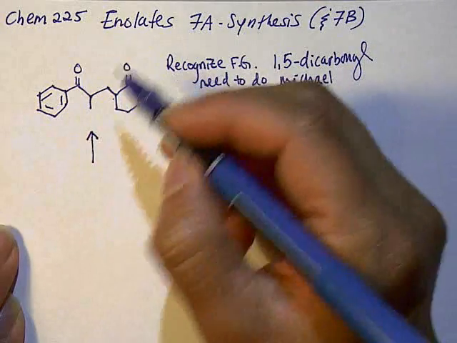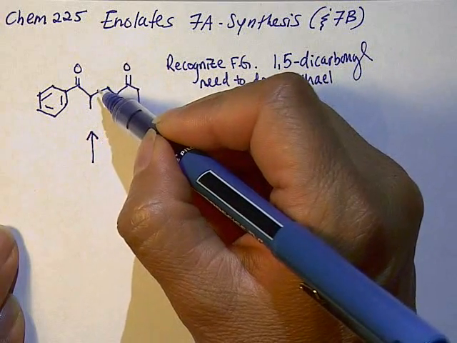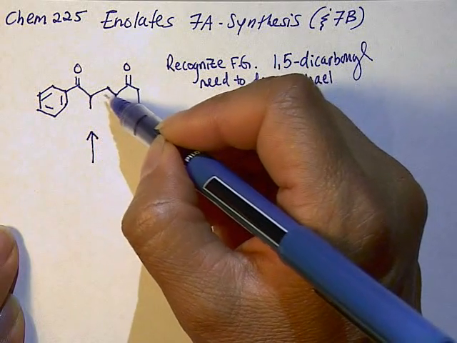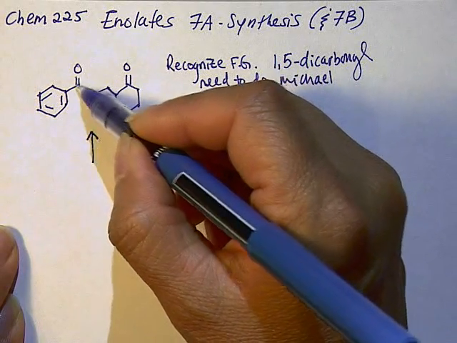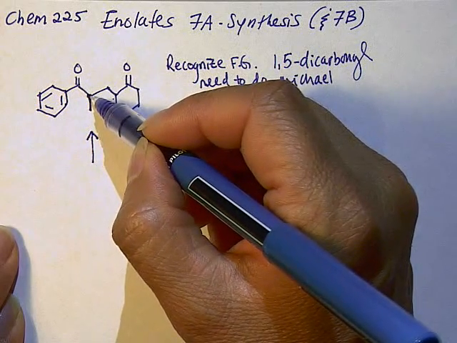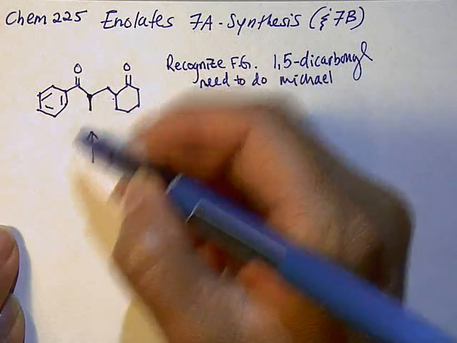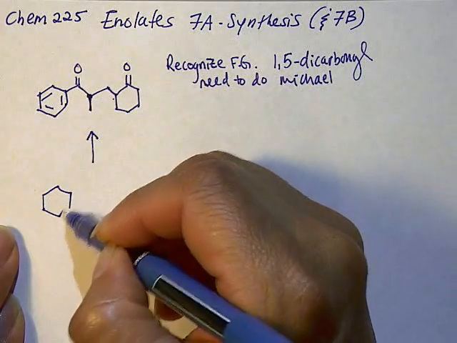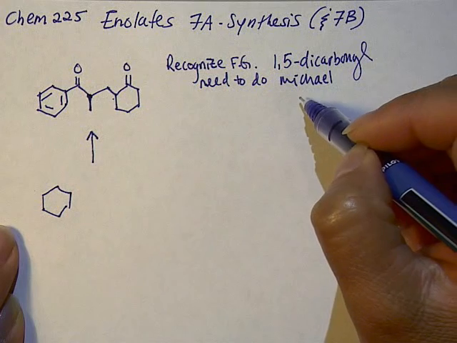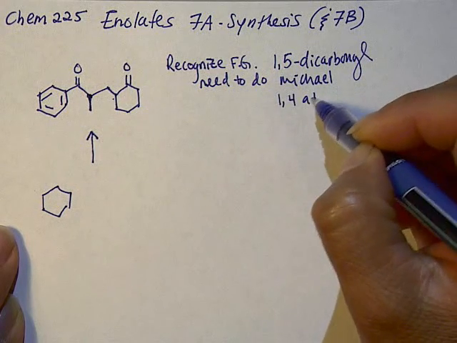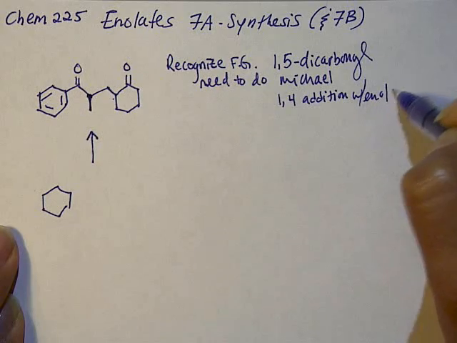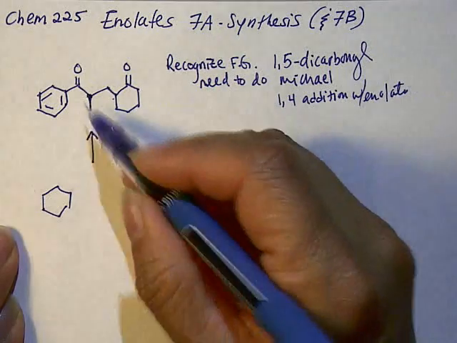So let's say you want to react with this enolate. You're going to have to choose one of the alpha carbons to be an enolate, and make the carbon-carbon bond. So you know that when you do Michael, you're doing a 1,4 addition with some kind of enolate, in this example.